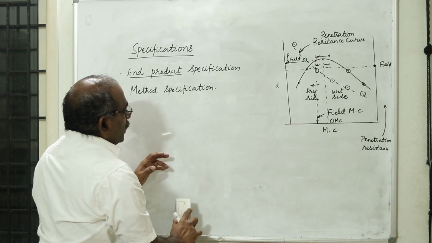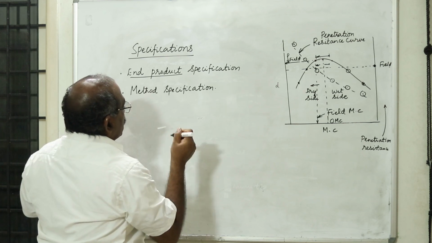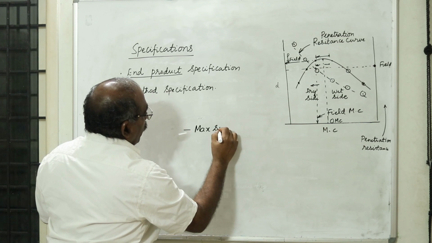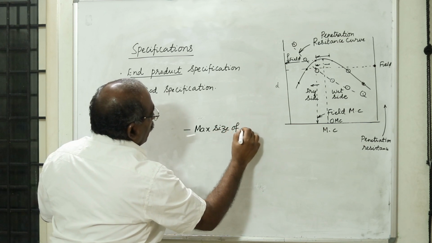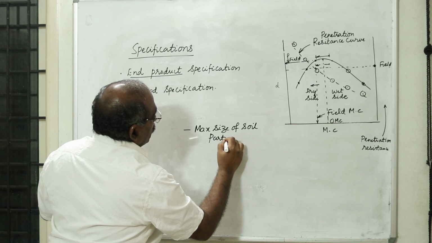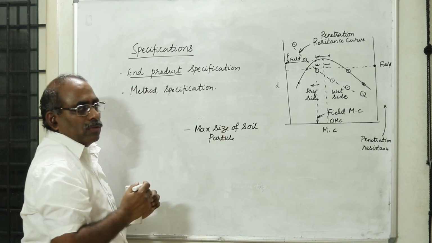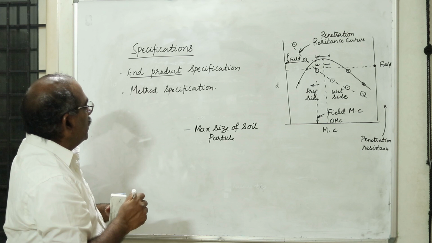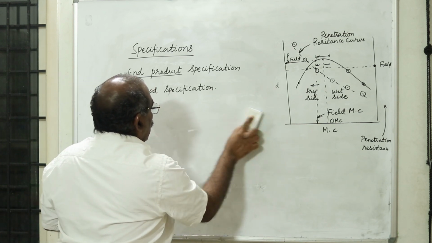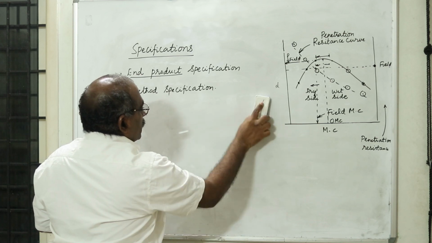In addition to that, you are also going to have a specification on the maximum size of the soil particle. This is also going to be specified because it affects your soil compaction. Therefore, the method specification is useful when you have large size projects, otherwise it's a difficult thing.